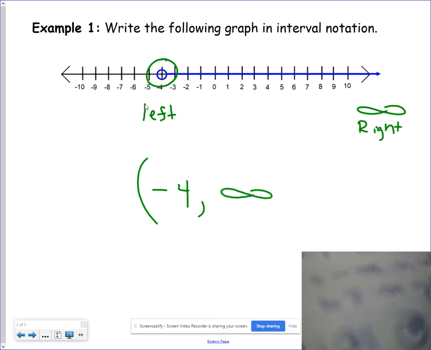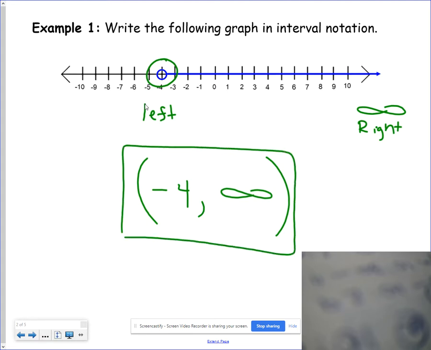Well, if we're going to infinity, we will never reach infinity. You can't reach infinity. Okay? So it's never going to equal infinity. So we're going to use the parentheses as well for the infinity. So what we have right here is called interval notation. This represents all the solutions to the graph above.